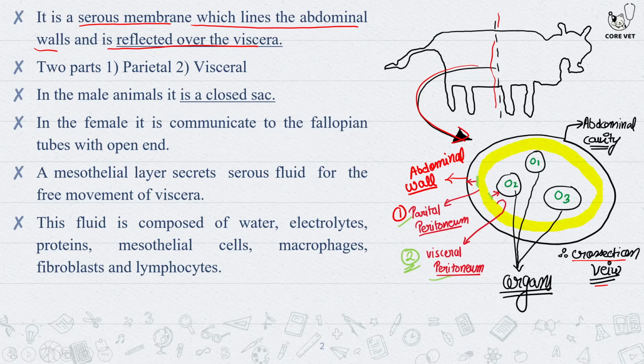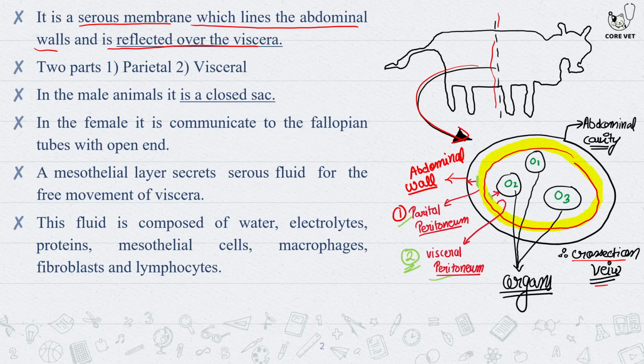These three organs are surrounded by a certain serous membrane. Inside the abdominal cavity, the organs are not directly in contact with the abdominal wall. They are lined with a serous membrane, and that serous membrane further has two parts: the parietal peritoneum and the visceral peritoneum.